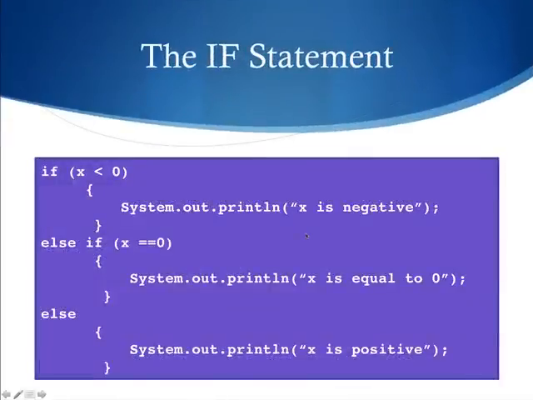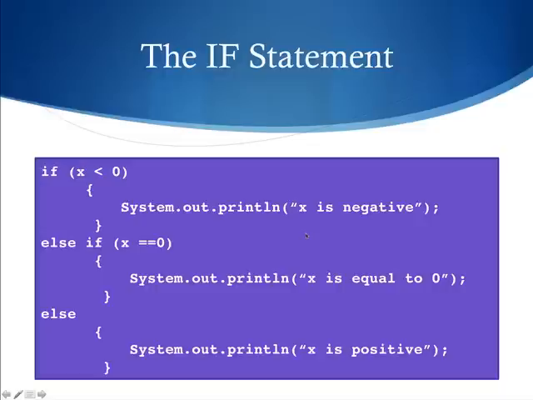We can make our if statements bigger. If you recall back to the traffic light situation, where we had if the traffic light is green, if the traffic light is yellow, if the traffic light is red, we can expand this. We can make this a little bigger by saying if x is less than 0, then print out the statement is negative.